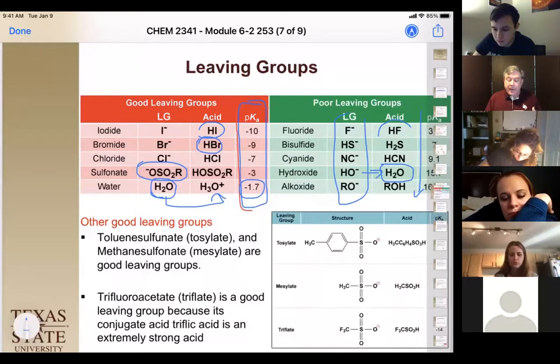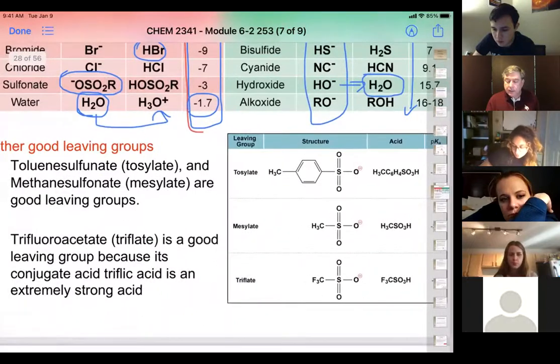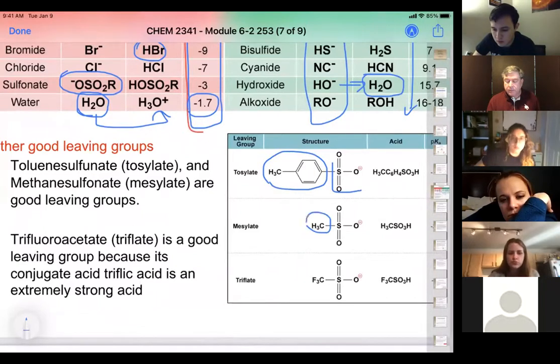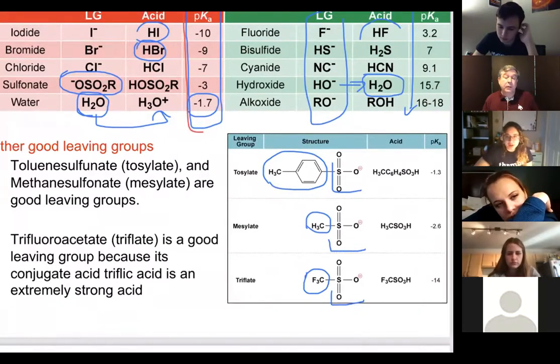We react our alcohol with something like toluene sulfonic acid, methyl sulfonic acid, or trifluoromethyl sulfonic acid. Because all of these have a pKa below 0, they're all very good leaving groups.